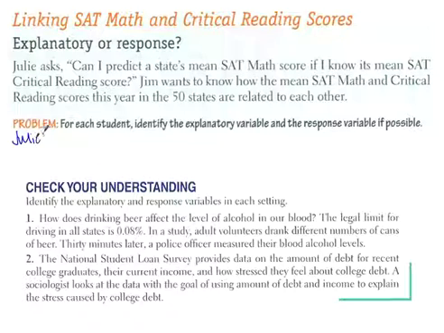So Julie is wanting to ask if she can predict the state's mean SAT math score if she knows the SAT critical reading score. So the explanatory variable in her situation would be the mean SAT critical reading score.